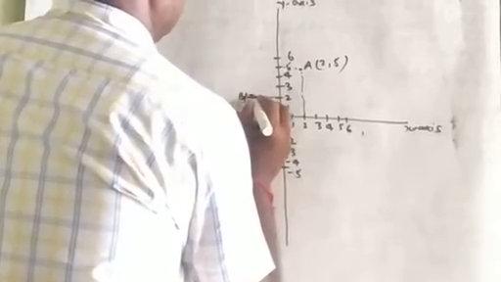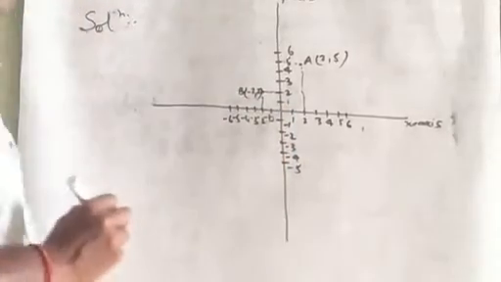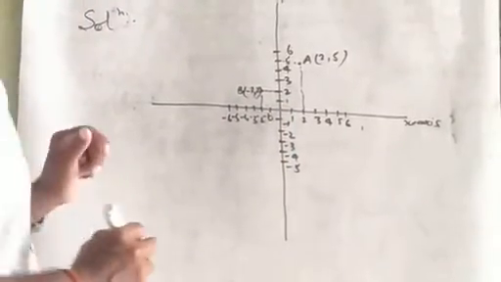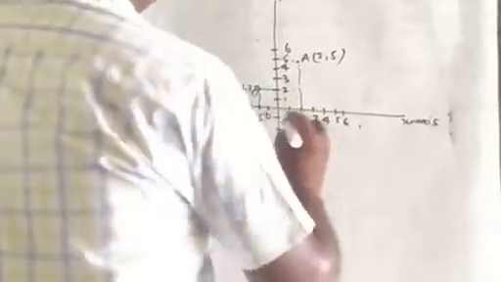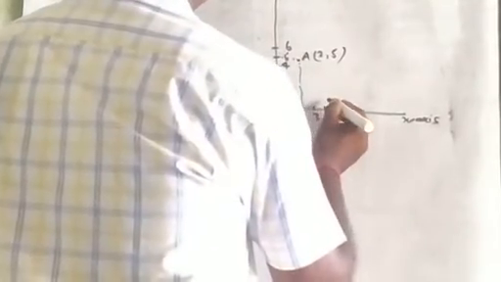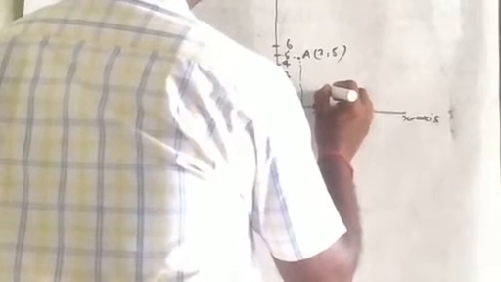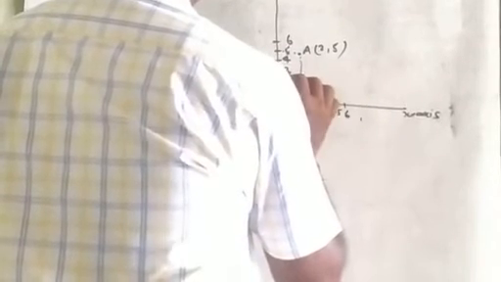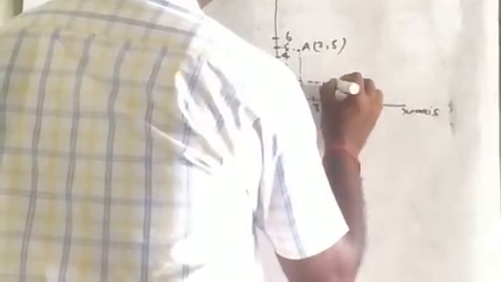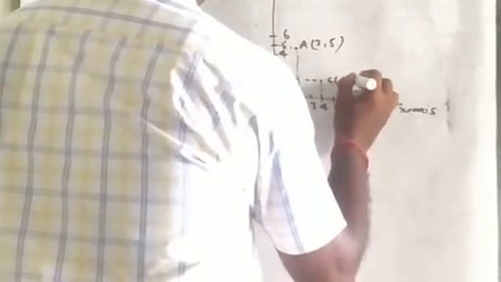B, minus 2 comma 2. Are you able to see, all of you? And C, 4 comma 2. This is 4 comma 2, 4 and 2. You will see C, 4 comma 2.